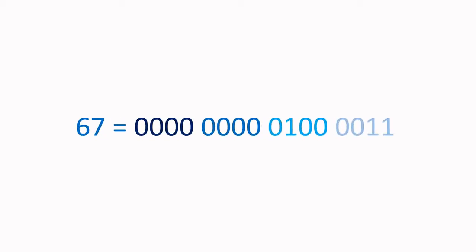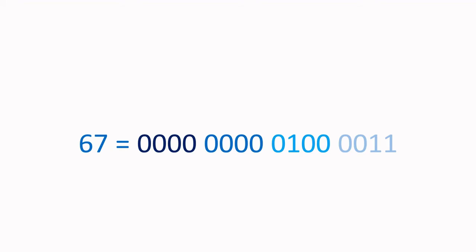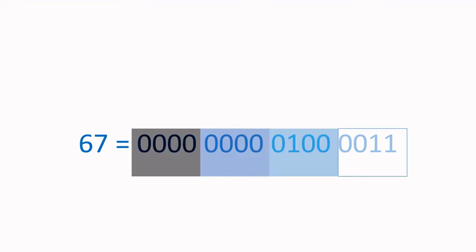Why am I explaining this? Well, that's because your computer gives each byte of memory a name. These names are not words like Zulu or Nathan, rather they are numbers, hexadecimal to be precise. So 67 in your memory will, for simplicity, look like 4 bytes with hexadecimal numbers, as shown.